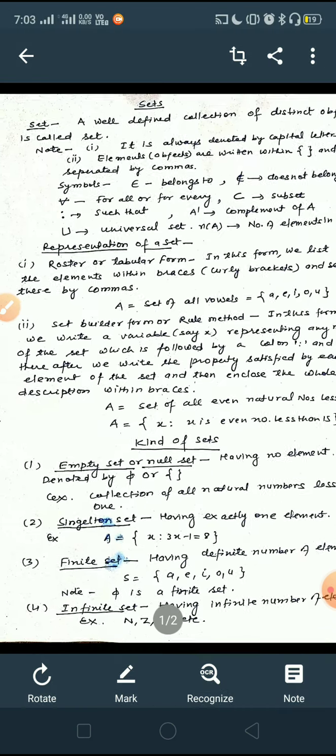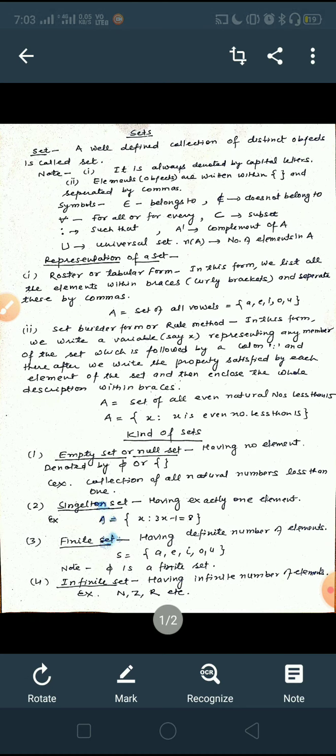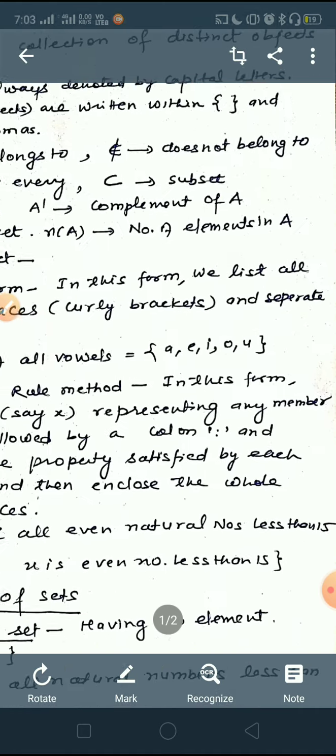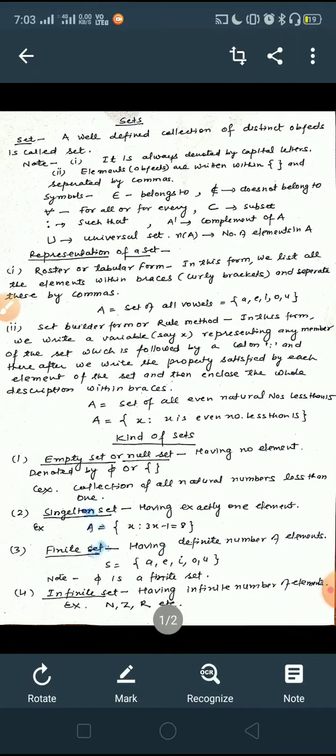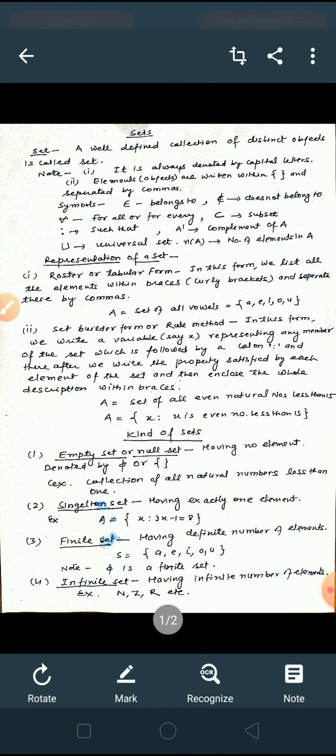Next is our set builder form. Set builder form is also called rule method form. In this form we write a variable x representing any member, or we can say any element of the set, which is followed by a colon.